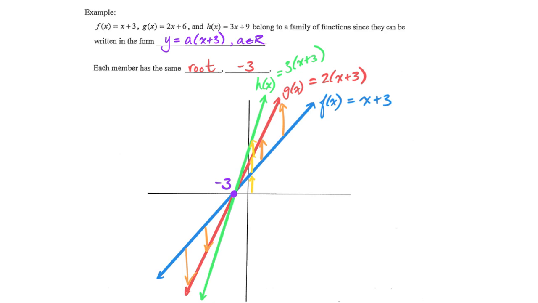I have a vertical stretch by a factor of 3 to get to my green function. You'll notice every single one of those functions crosses my x-axis at negative 3. If I'm just vertically stretching them, then anything on the x-axis will not move.